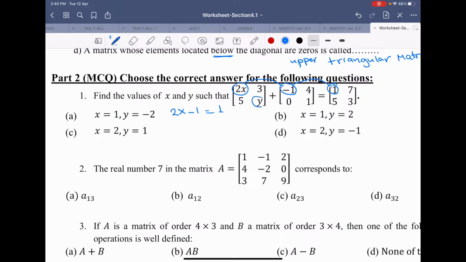For y, I will add this element with this element and it would equal this one. So y plus 1 equals 3. By solving these linear equations, we get that x equals 1 plus 1 over 2, which equals 1, and y equals 3 minus 1, which equals 2. So 1 and 2. The answer is B.